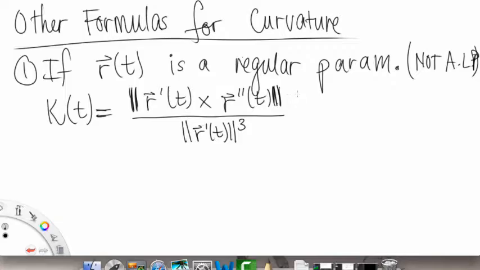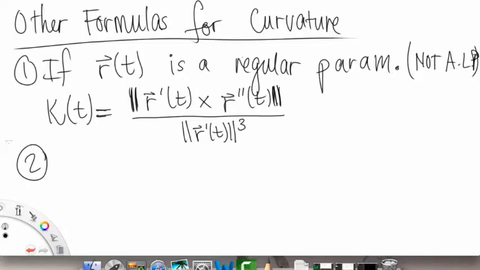If you're given an r of t and you want to find the curvature, you find the first and second derivatives, take the cross product, find the magnitude, and then you take the magnitude of only the first derivative alone, cube it, and divide whatever you had before by that. It's kind of lengthy, but that's the process you must go through. So anyways, that's the first one.